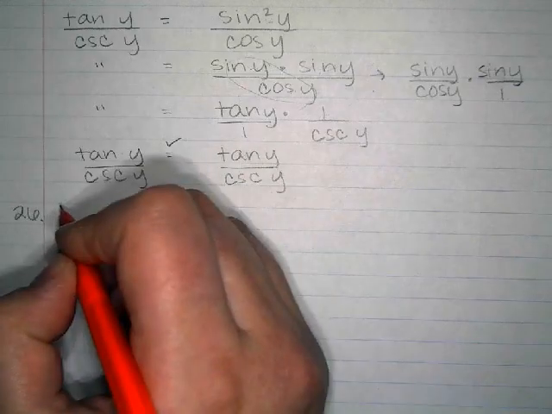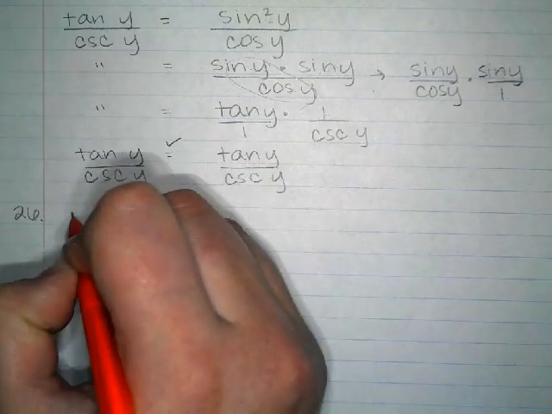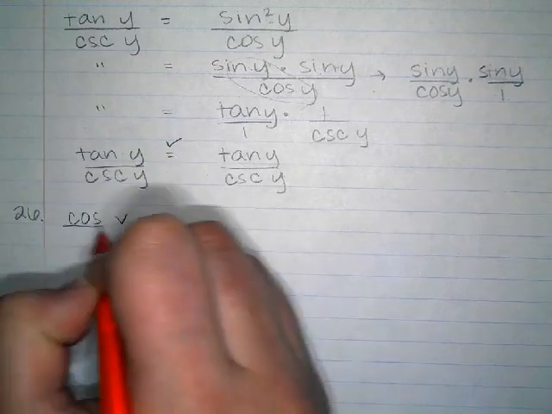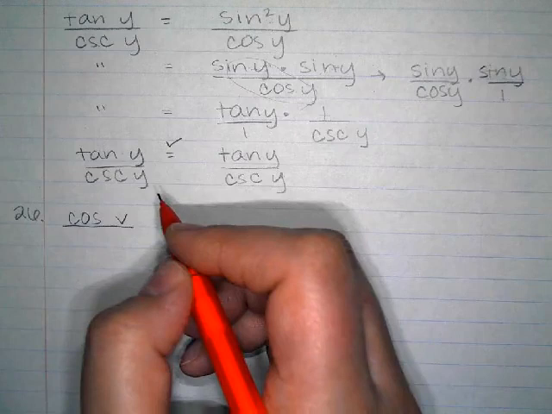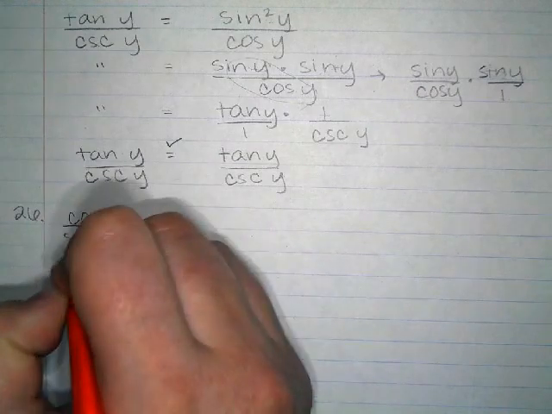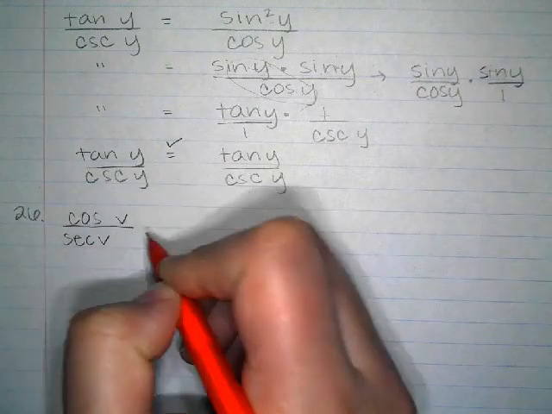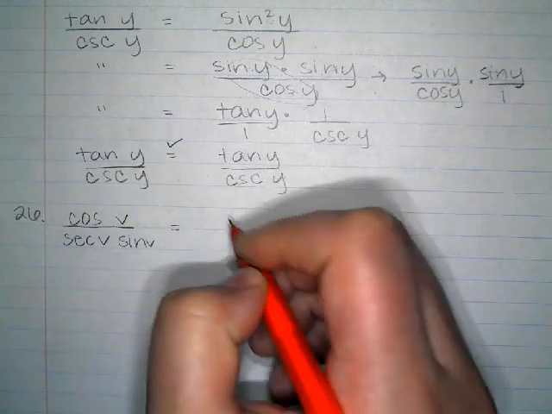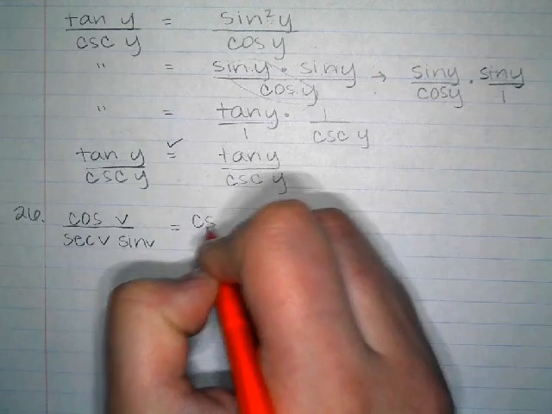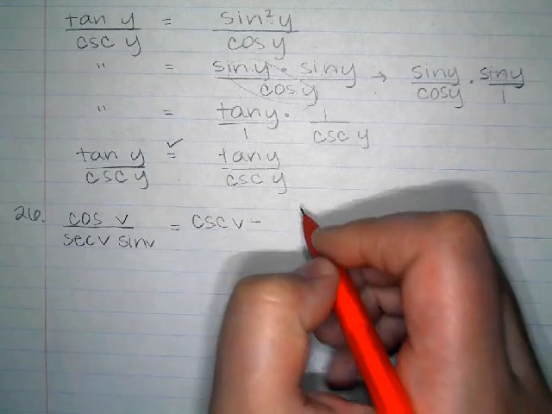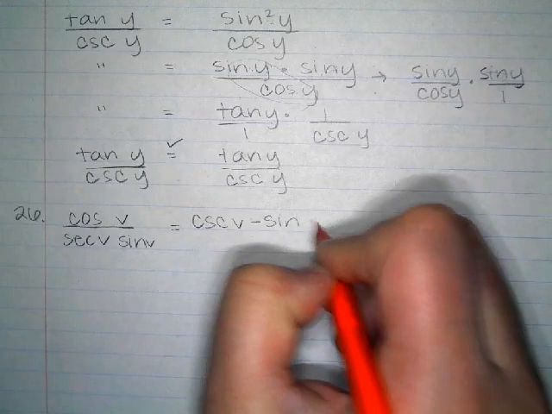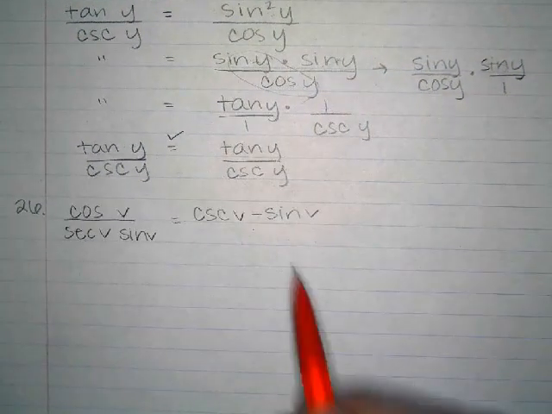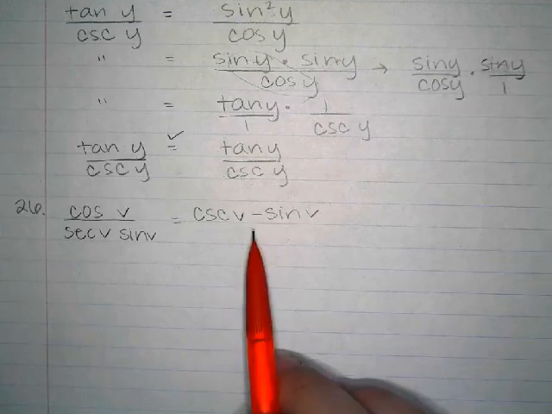So if we have cos v over secant v sine v, that equals cosecant v minus sine v. Again, we're going to work on the right side because the right side has two terms.